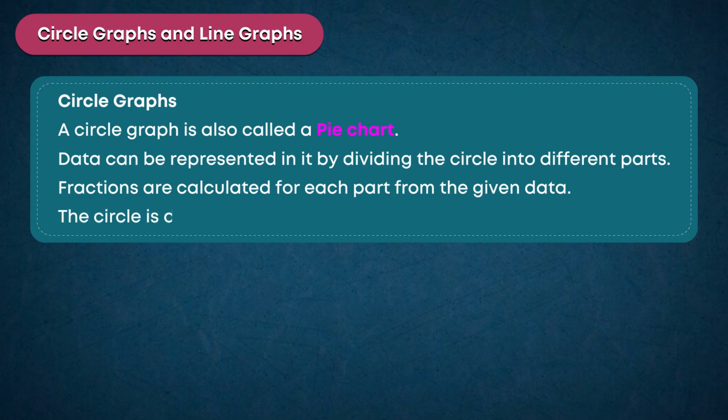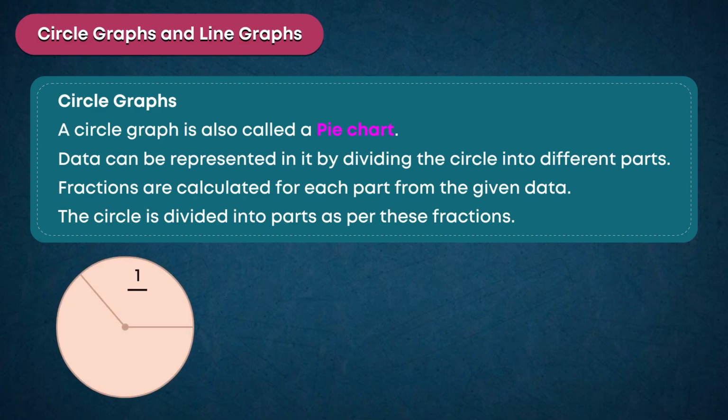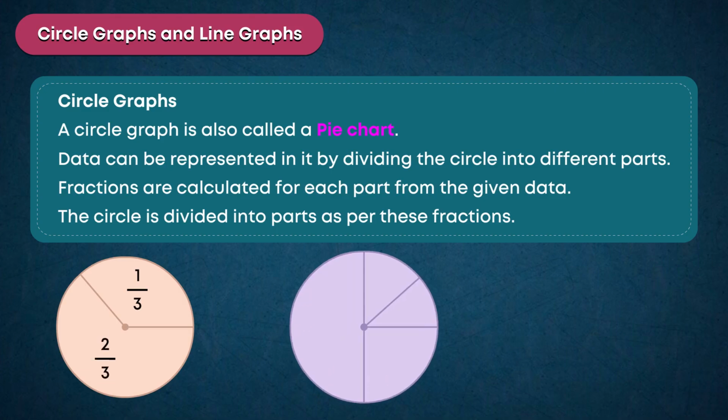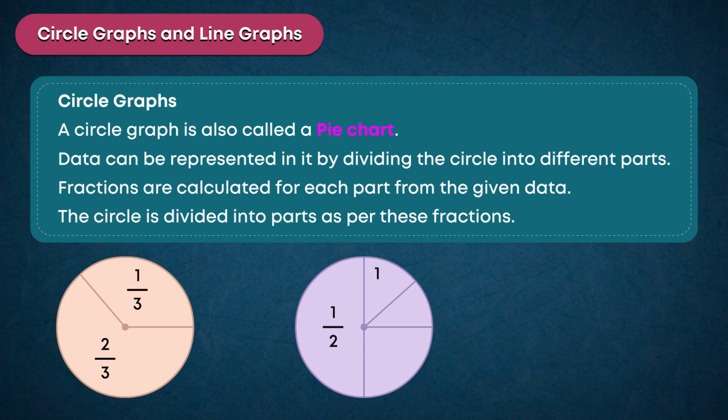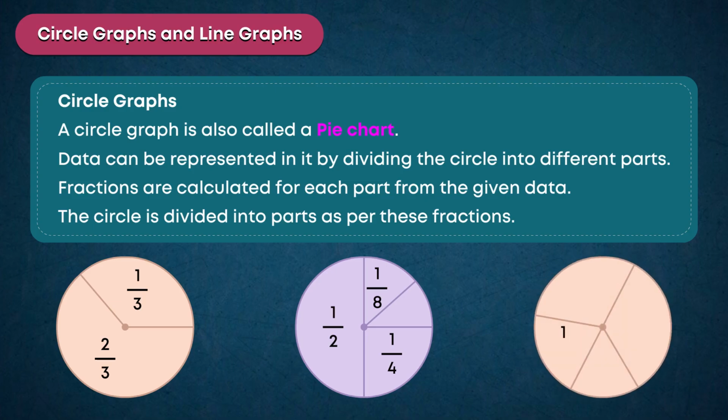The circle is divided into parts as per these fractions. 1 by 3 and 2 by 3. 1 by 2, 1 by 8 and 1 by 4. 1 by 6 and 1 by 3.